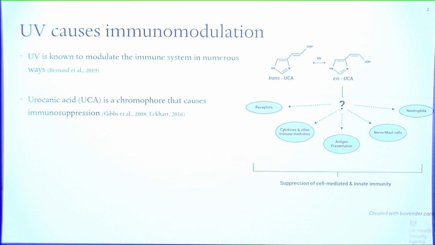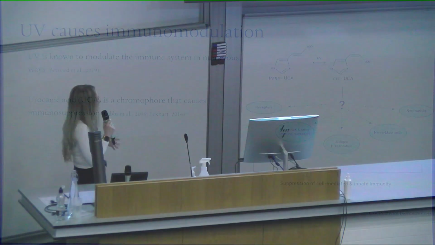Now, the mechanism of cis-UCA-induced immunosuppression has not been fully uncovered yet. However, a number of studies have investigated these potential mechanisms by investigating either the administration of exogenous cis-urocanic acid in vitro, so in cells, or by investigating epidermal cis-urocanic acid in vivo.